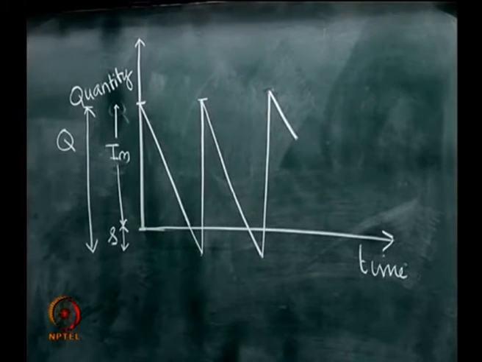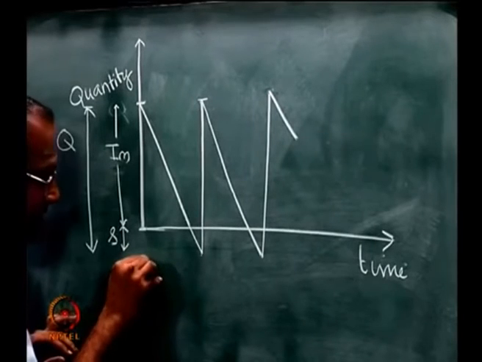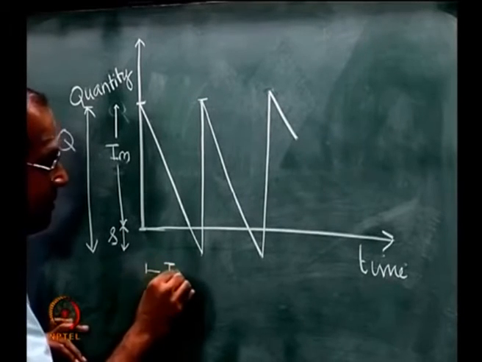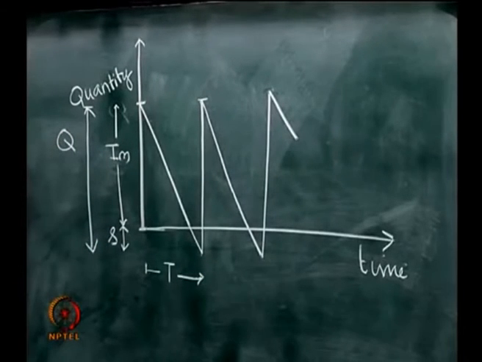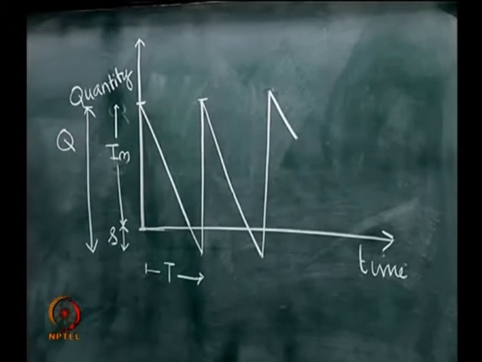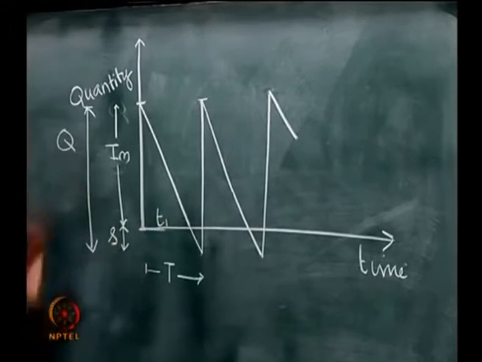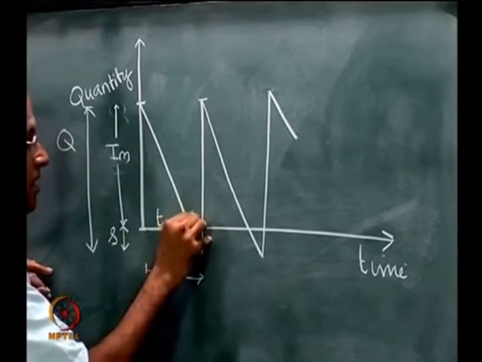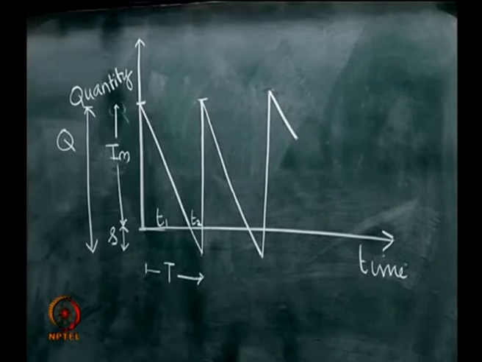So obviously Q is equal to IM plus S. Let us say if this is a cycle which we call as capital T, and the cycle repeats. Now this cycle now has 2 parts. This part is called T1, where there is inventory, and there is this part called T2 where there is back order, and T1 plus T2 is equal to T.